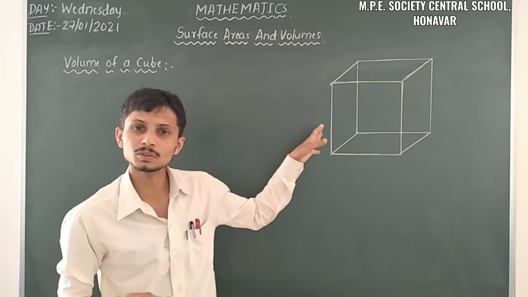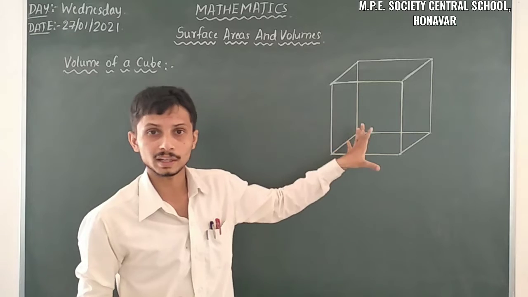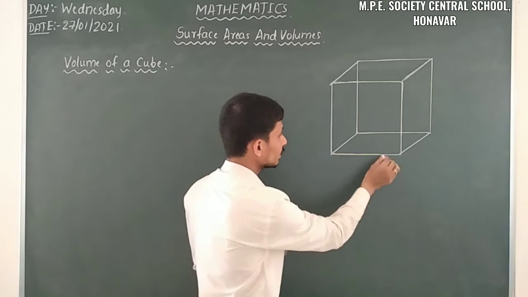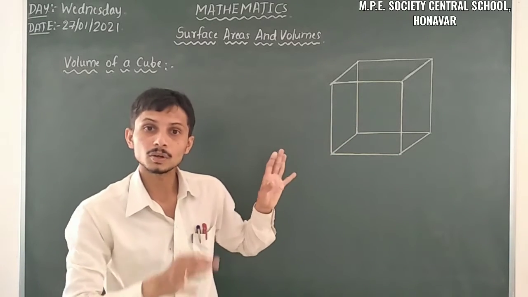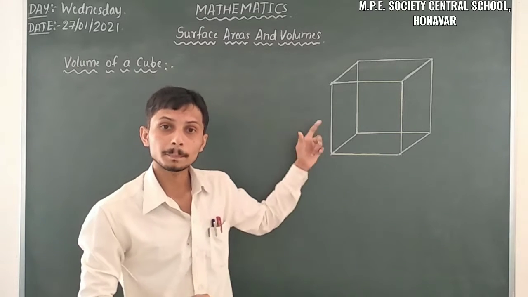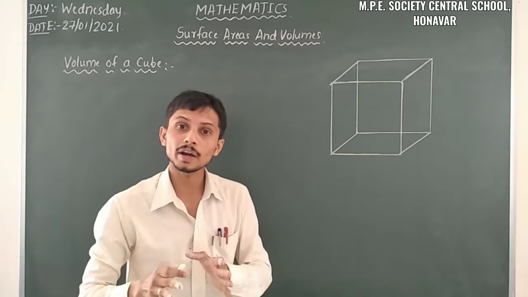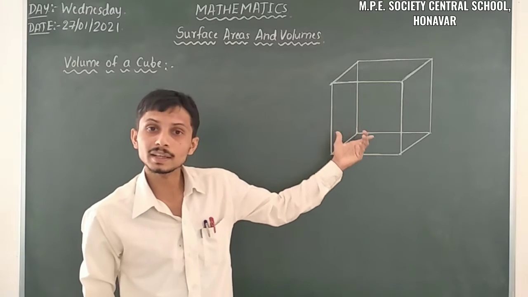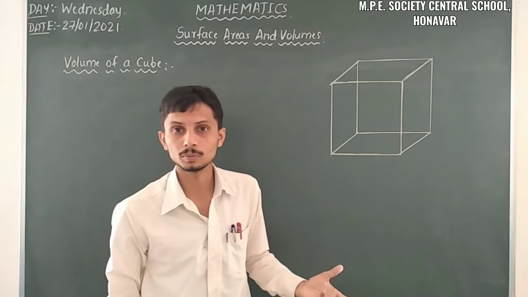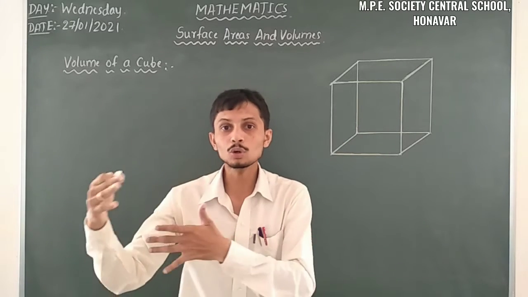Just observe, it also looks like a cuboid. Here also we have the length, the breadth, and the height. So when the length, breadth and height of the cuboid are the same, that means equal, then we can take the cuboid as a cube. That is, the cuboid is converted into a cube here.